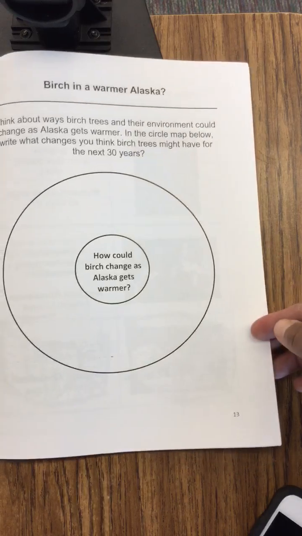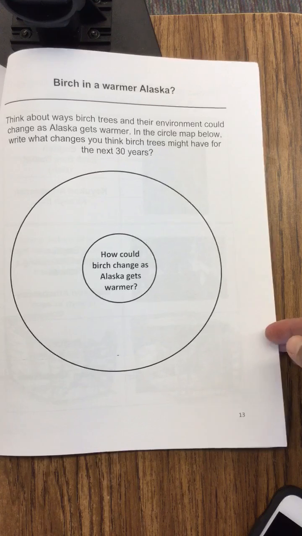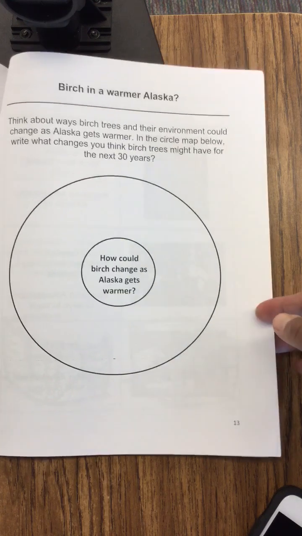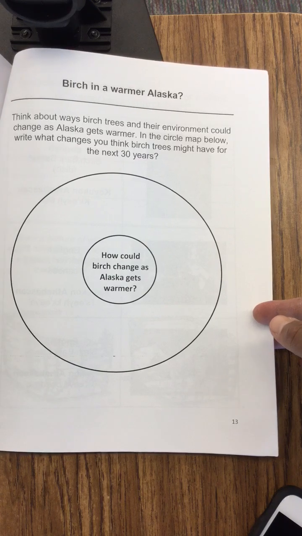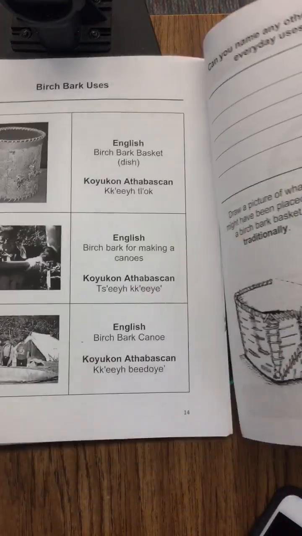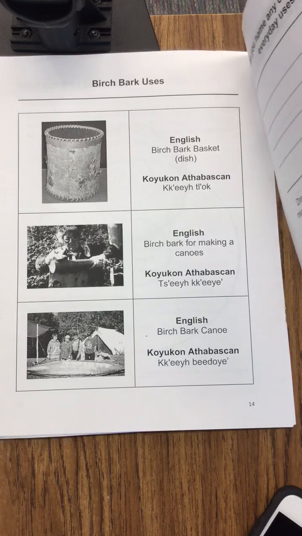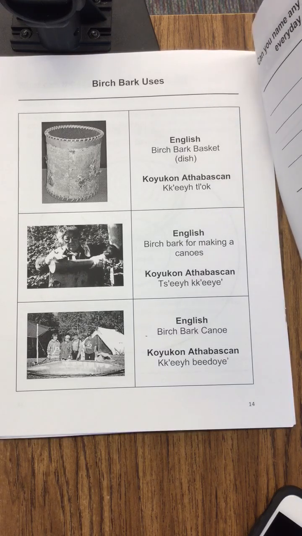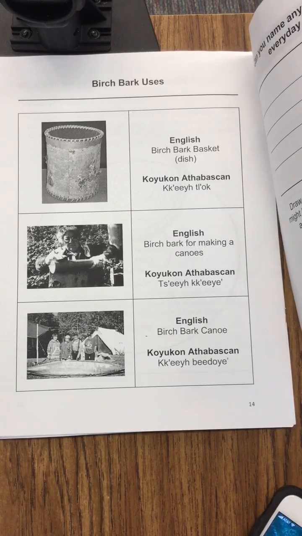And thinking about the future as Alaska gets warmer and climate changes, you get students to think about what could happen to our boreal forest and especially the birch tree. And the last part of this lesson is what birch bark was traditionally used for and its importance. And we have Dewey Hoffman, who's going to share the native language.